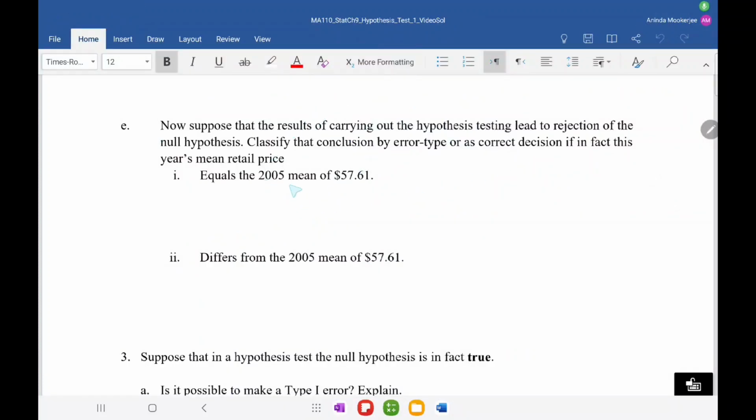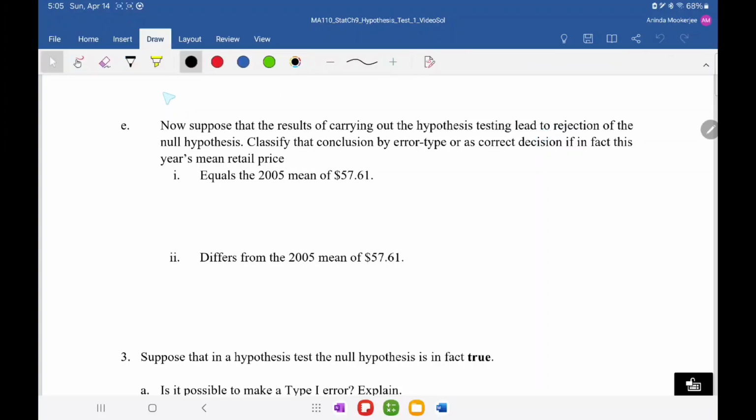Now, part E is still a question on the error types, but it is specific to the agriculture book example. So here it says, now suppose that the results of carrying out the hypothesis testing leads to rejection of the null hypothesis.